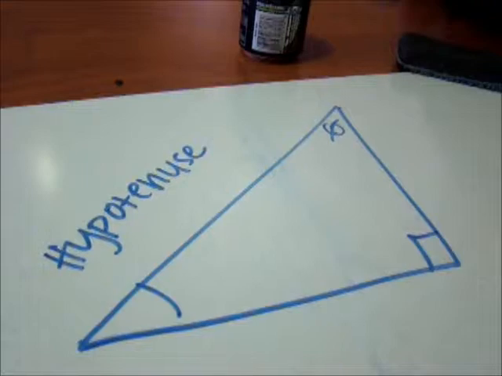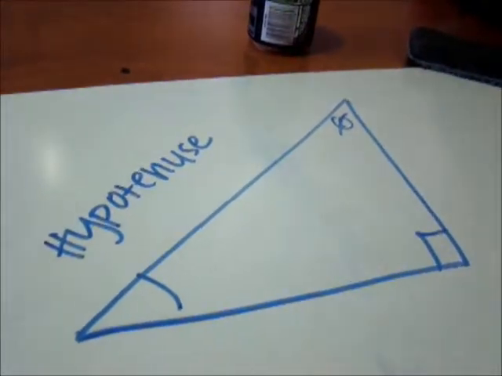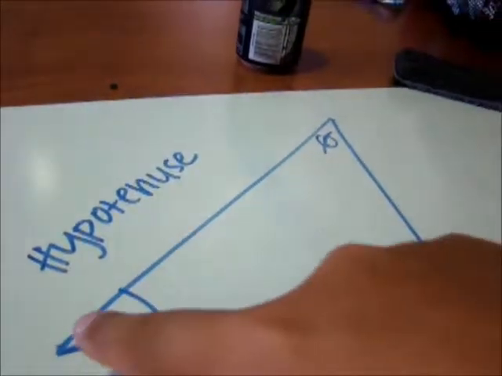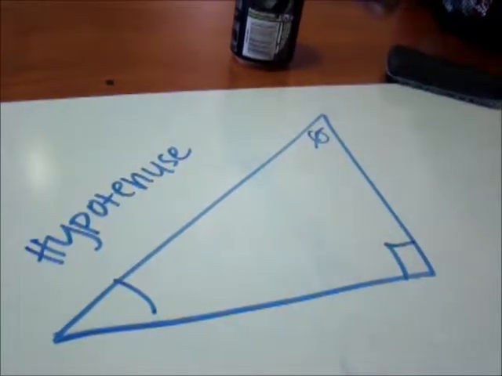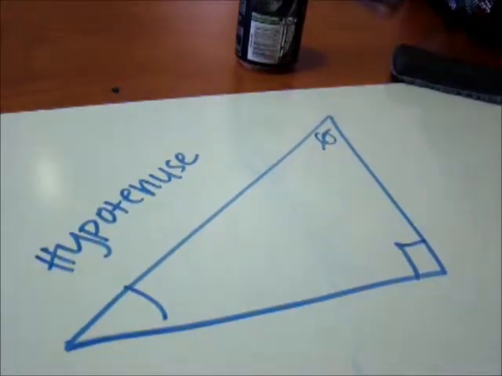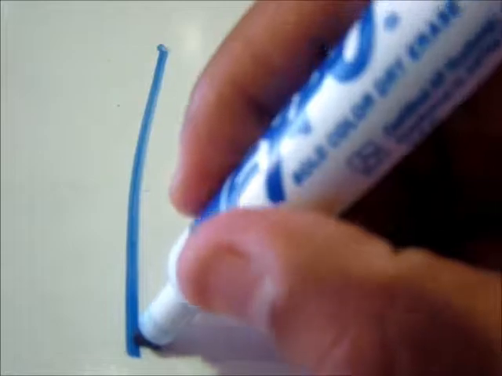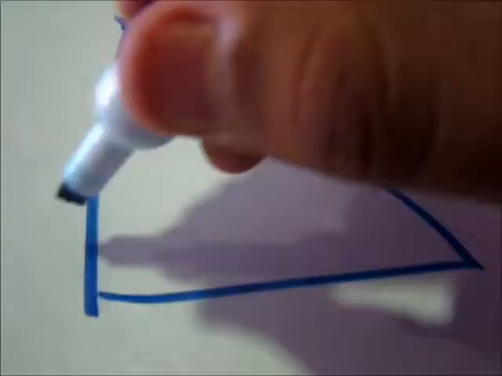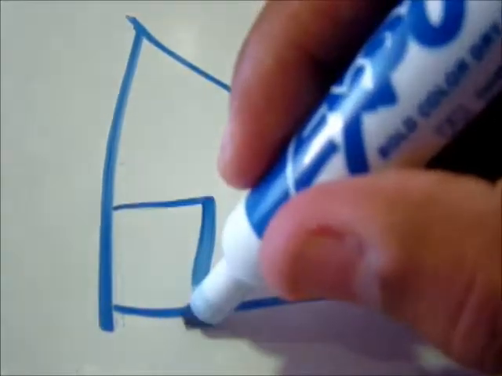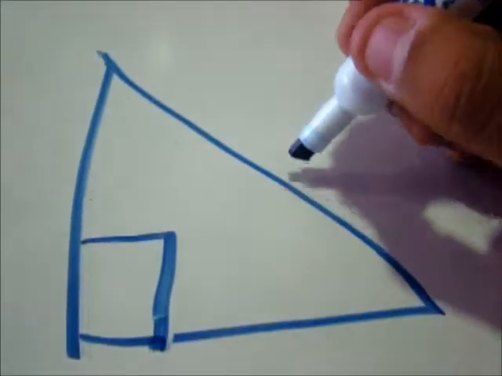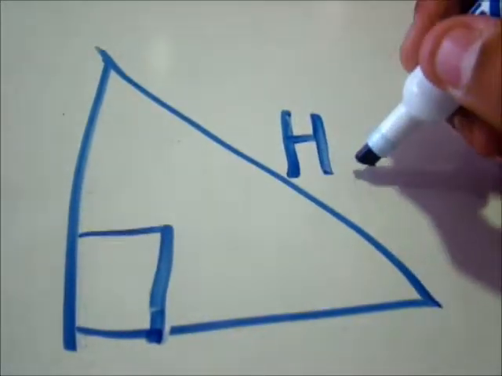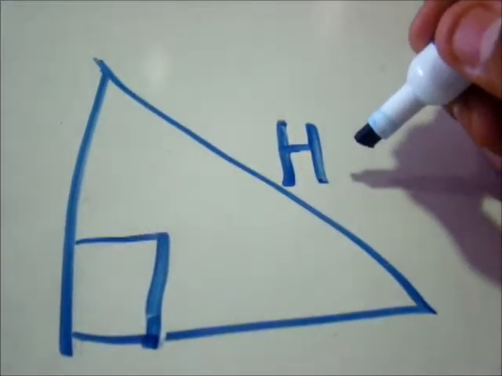Alright, so on this right triangle, hypotenuse is that slanted side. Okay, so for a right triangle, this part right here is the hypotenuse.